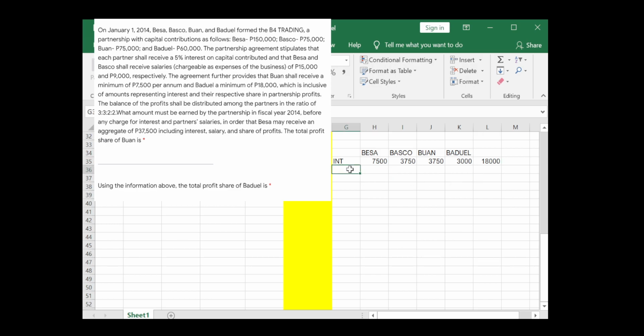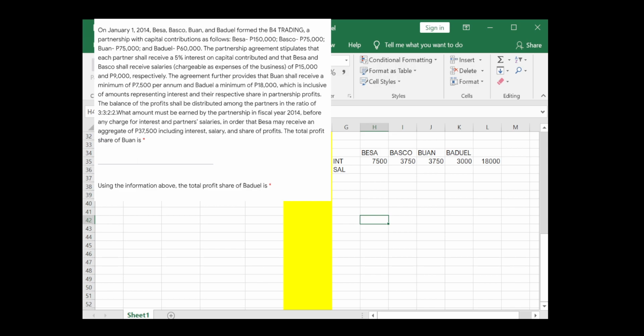Also, based on their agreement na meron silang salaries, na ibibigay kay, kanino ba? Besa and Basco. Okay, these are chargeable as expenses of the business. 15,000 and 9,000.